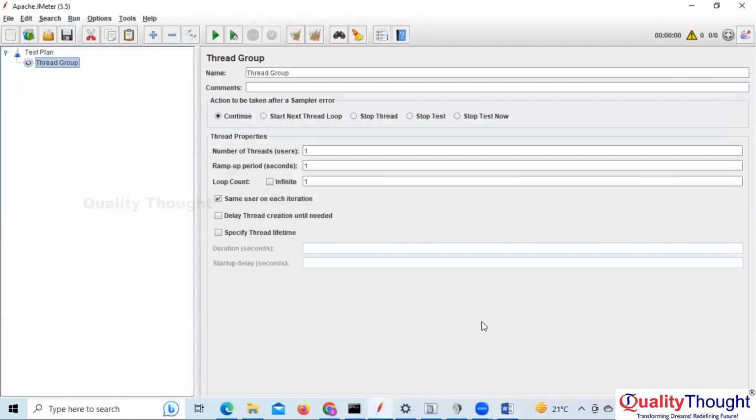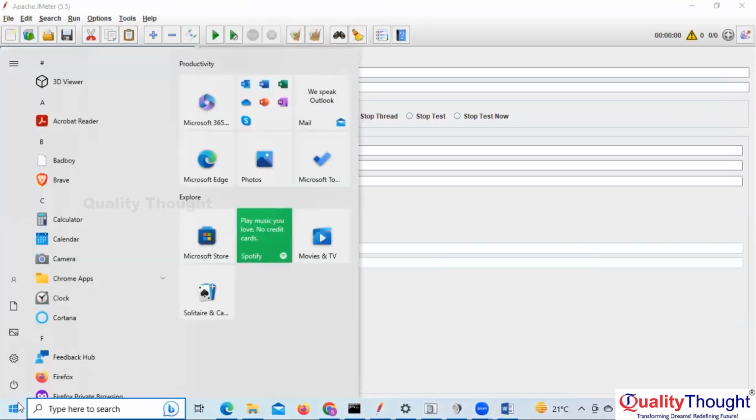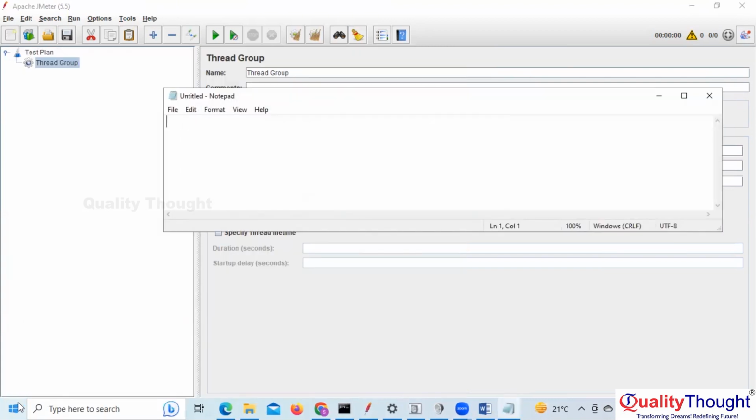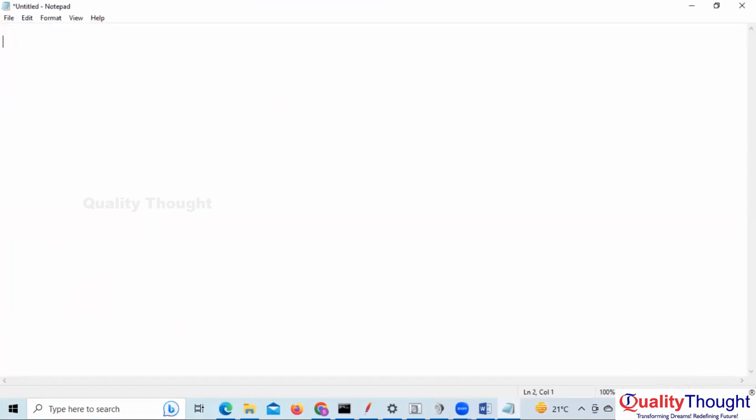Today's session is all about this because this is very important for you, because tomorrow in your projects you will not get any kind of requirements in most of the cases. As part of NFR gathering, what I explained, you will get number of users, transactions for each and every scenario and all that, right?